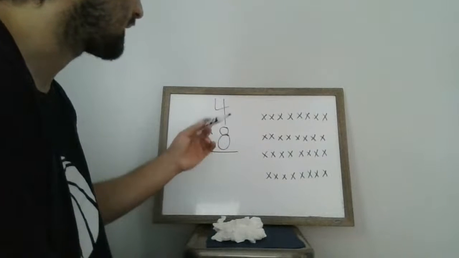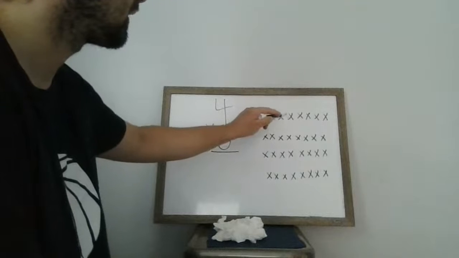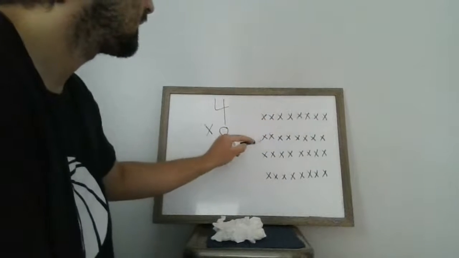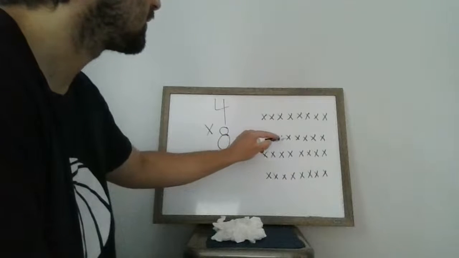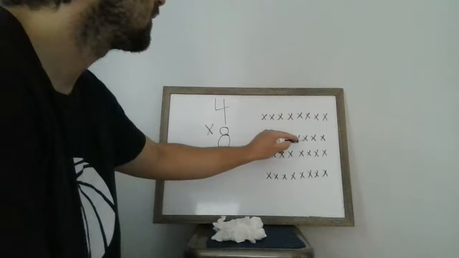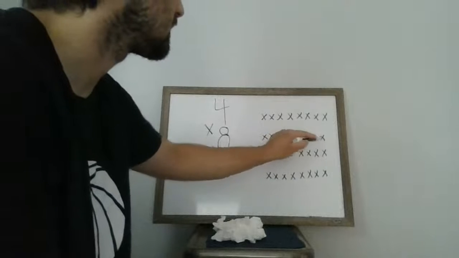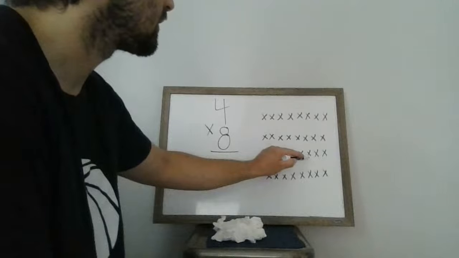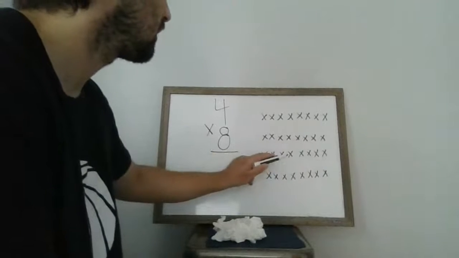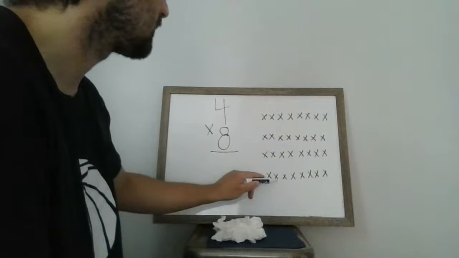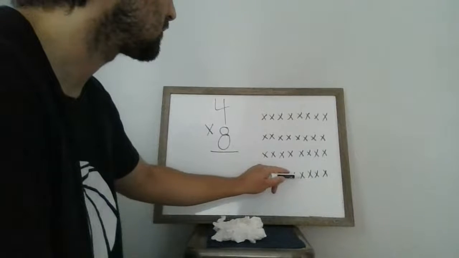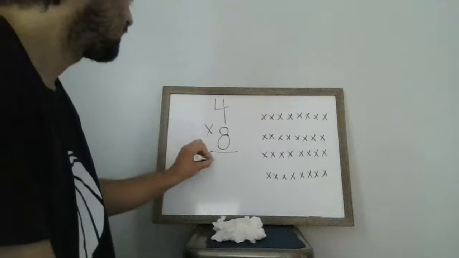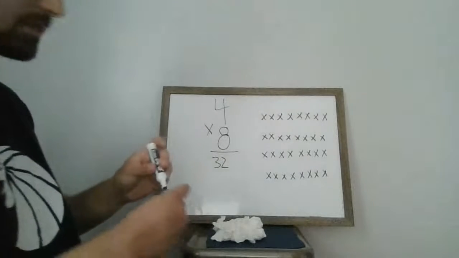I'm going to count the total number of x's. 1, 2, 3, 4, 5, 6, 7, 8, 9, 10, 11, 12, 13, 14, 15, 16, 17, 18, 19, 20, 21, 22, 23, 24, 25, 26, 27, 28, 29, 30, 31, 32. So again, 4 times 8 is 32.